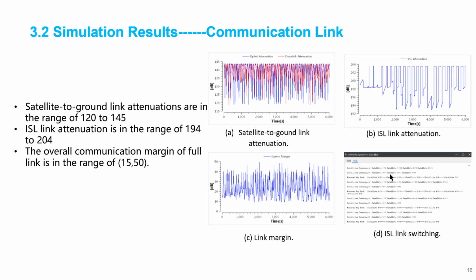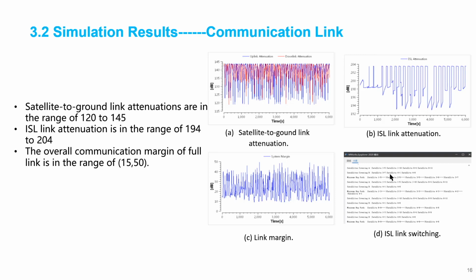The focus of communication link simulation is to evaluate the communication quality of the two places and the impact of inter-satellite link switching on the communication quality. Figure A and B show the link attenuation of the upper satellite to ground link.